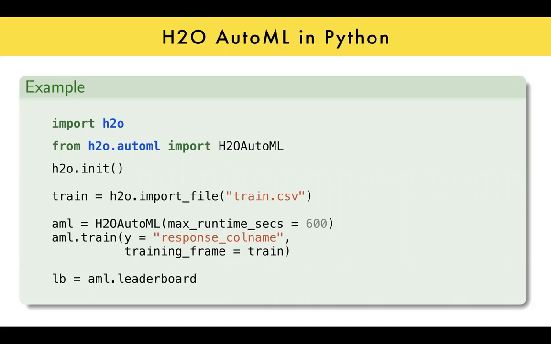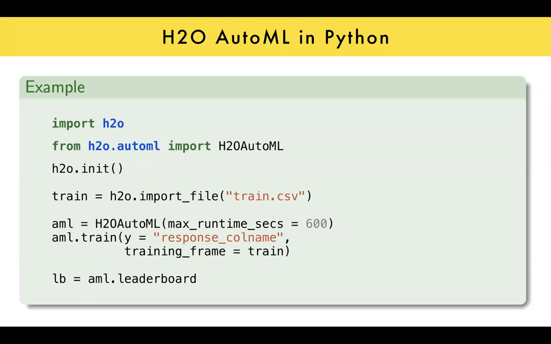We're going to say I want to run for 600 seconds, which is 10 minutes. So I'm saying I want to run AutoML for 10 minutes. And then we're going to execute the .train method. And then at that point, we tell it what data we want it to run on. So the data that we gave is the training frame that we just imported.